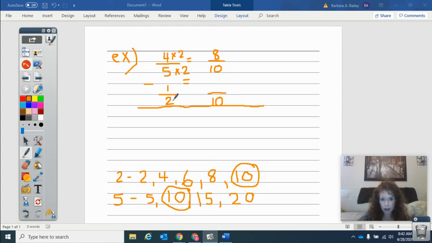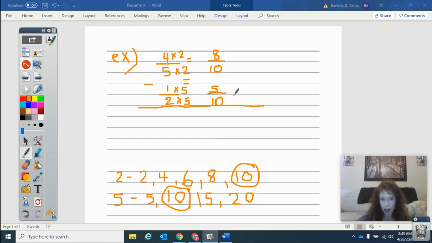I ask myself, 2 times what number would be 10? 2 times 1, 2 times 2, 2 times 3, 2 times 4, 2 times 5. Okay, so if I multiply times 5 in my denominator, I have to multiply times 5 in the numerator. And 1 times 5 is 5. So 5/10 is equal to 1/2, and 8/10 is equal to 4/5.